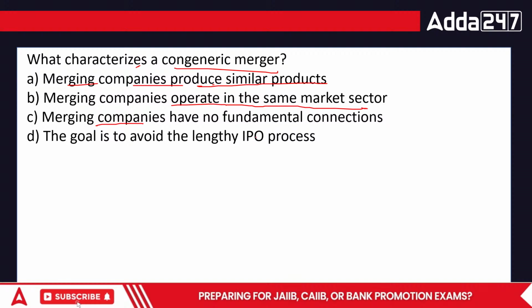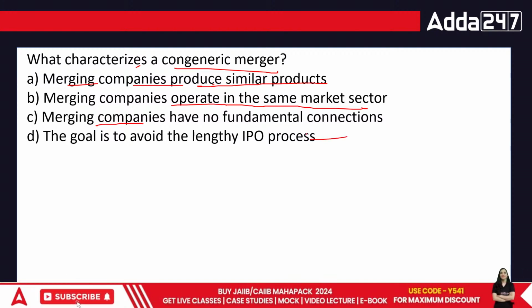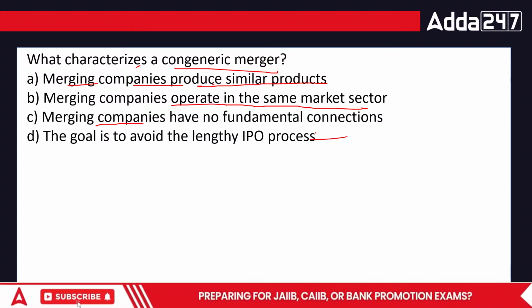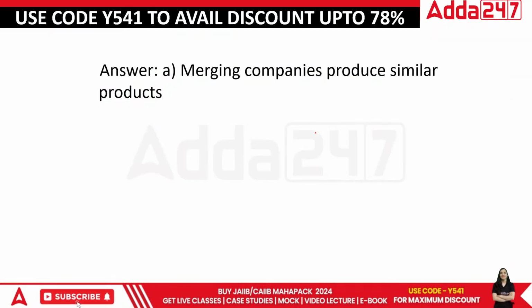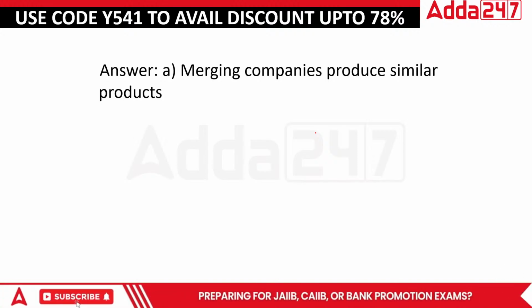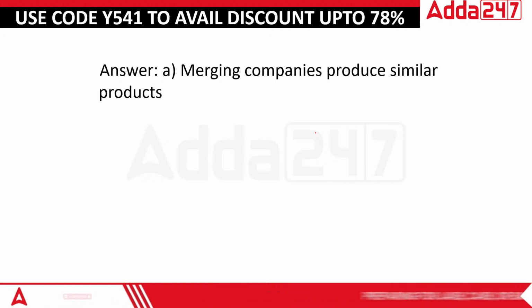The other option, that merging companies have no fundamental connections and the goal is to avoid the lengthy procedure of an IPO, is a part of a reverse merger, right? So in this case, the correct answer is that merging companies produce similar products. I produce a specific product, you also produce a specific product. So in this case, we have something in common.